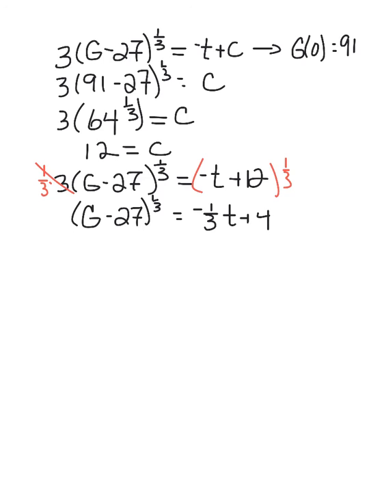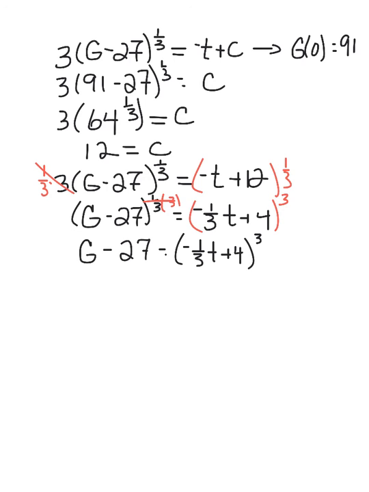Okay, next thing I need to get rid of is that 1/3 power. So I'm going to multiply by a power of 3, which will cancel that guy out over there. And I'm getting closer. So I have g minus 27 equals negative 1/3 t plus 4, that quantity to the 3rd power.